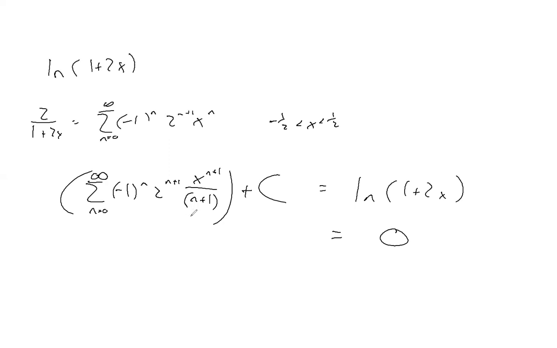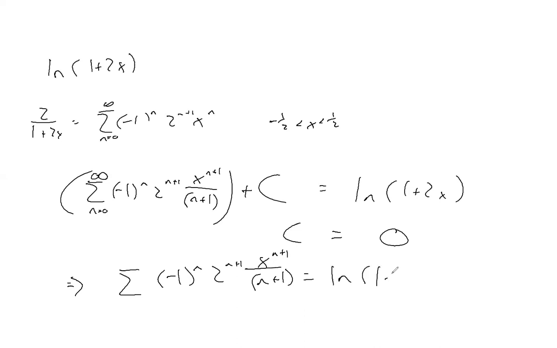And on the left side, I plug in 0, this whole thing is going to be 0, and I'm going to have a C left over, so C equals 0. So I conclude that this power series is the power series for this.